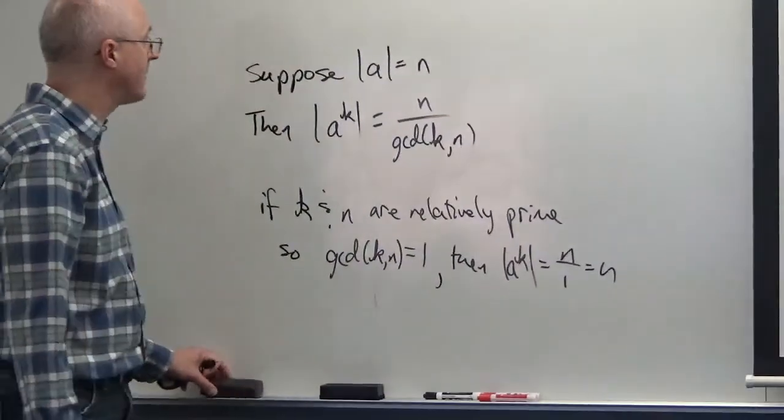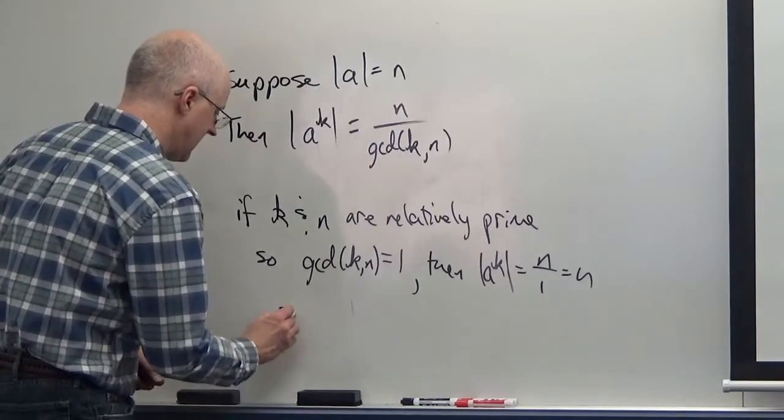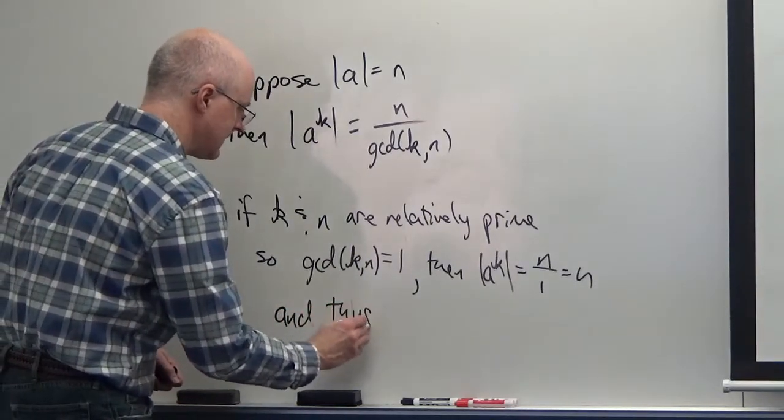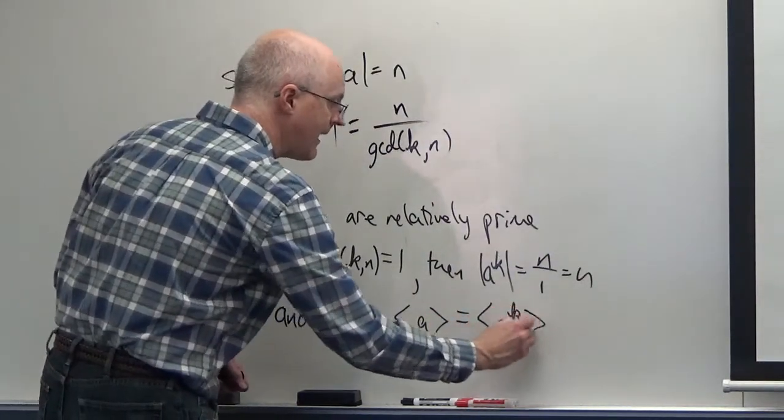And therefore, a to the k must be a generator of the cyclic subgroup generated by a. And thus, the cyclic subgroup generated by a is also generated by a to the k.